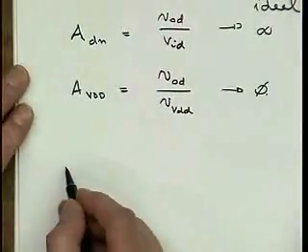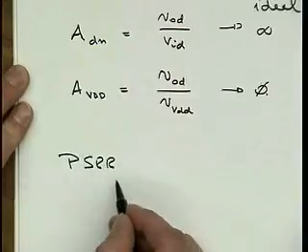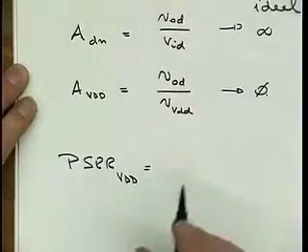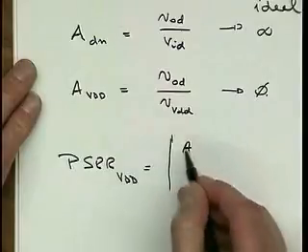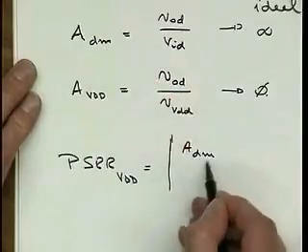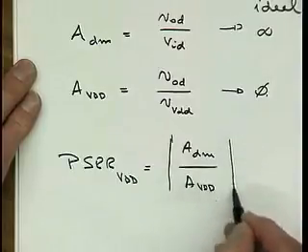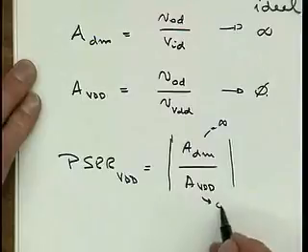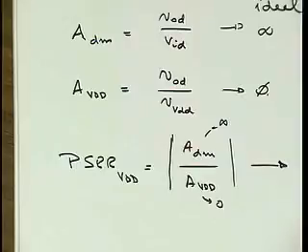And so now we can define the power supply rejection ratio for VDD in this particular case, and that's then equal to, they're always defined with absolute values, ADM over AVDD, and because this one's supposed to be infinite and this one's supposed to be 0, this thing is supposed to be infinite. So this is sort of a figure of merit. How much better is this at amplifying my signal than it is at amplifying my power supply noise.